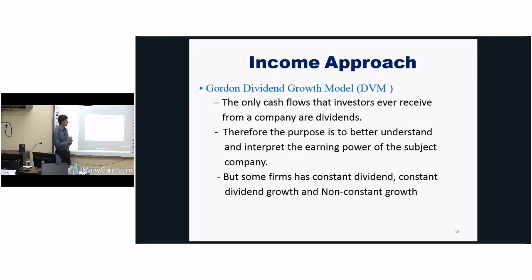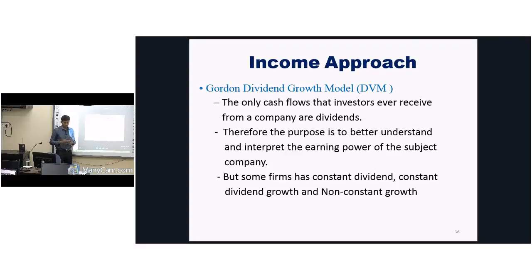So here what we do is we take the dividends as the future cash flows. Normally we know that when firms have been paying dividends in the past, they continue to do the same in the future.